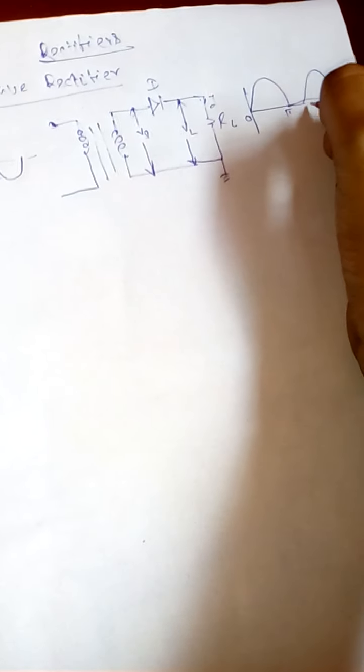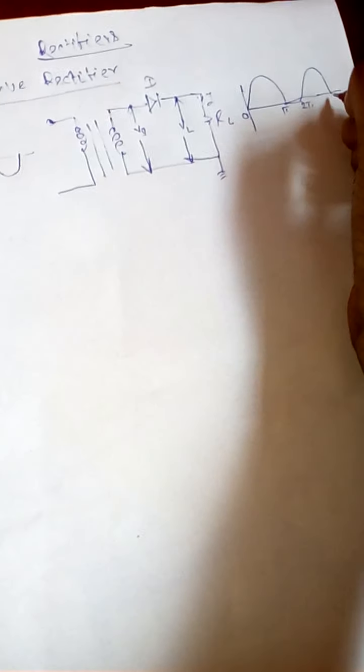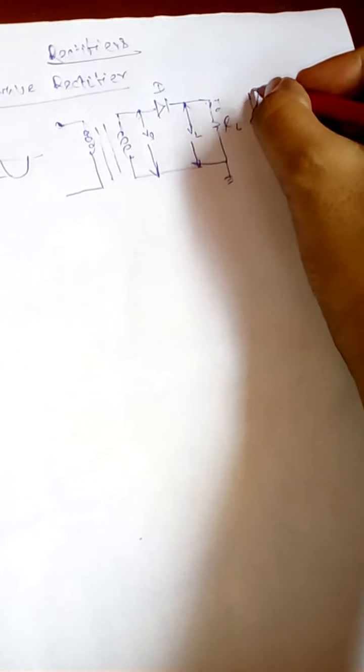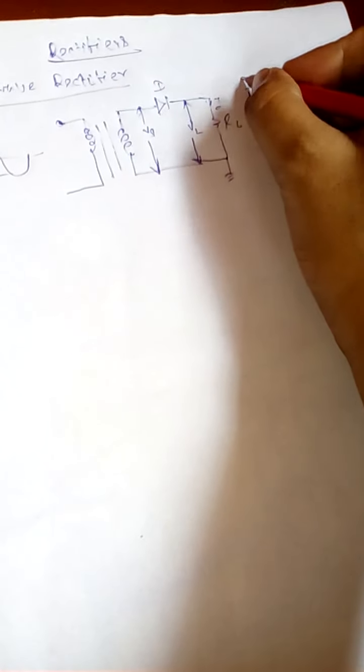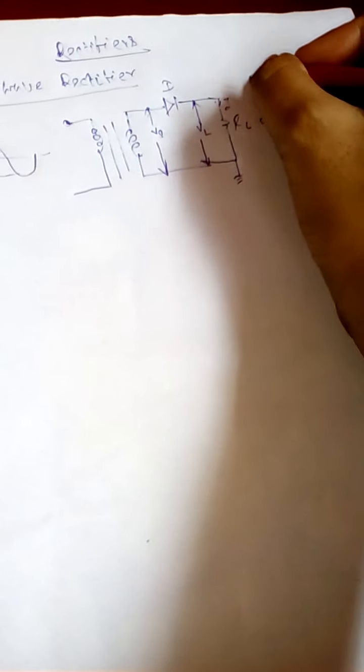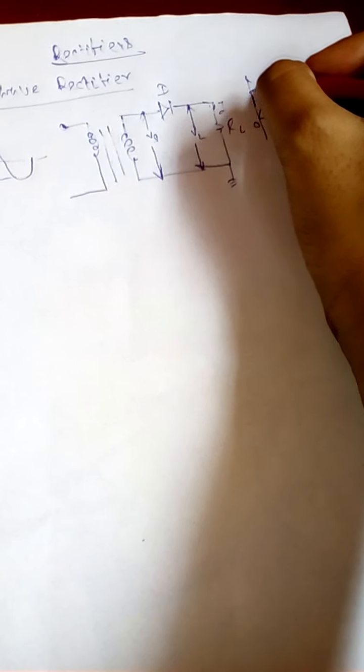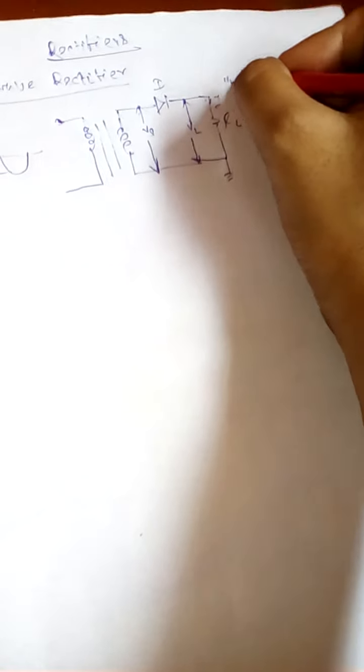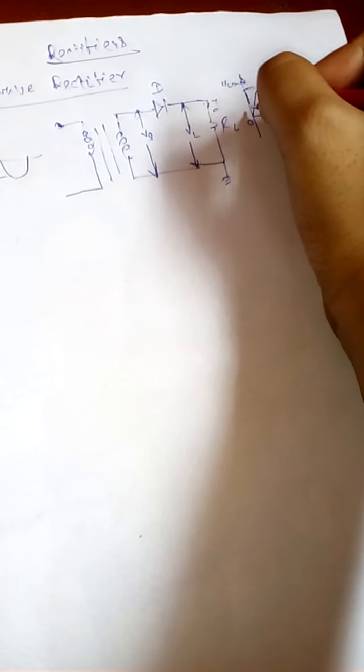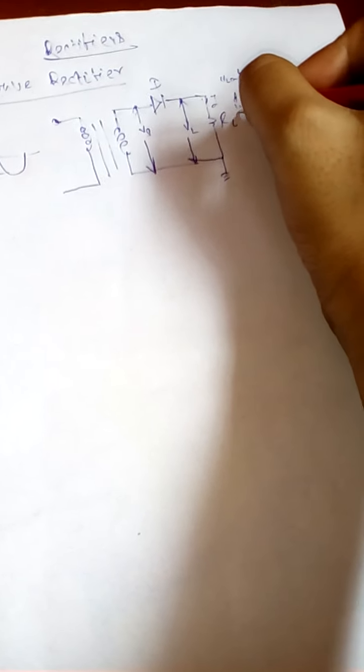This is 0, this is pi, this is 2 pi, 3 pi. This is the maximum range, denoted by VL max. This is IL or VL.